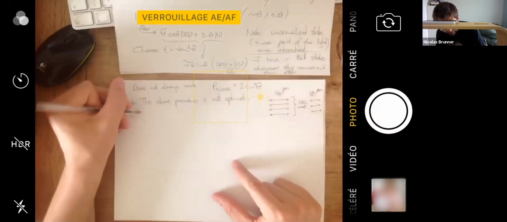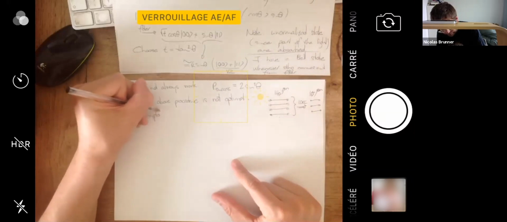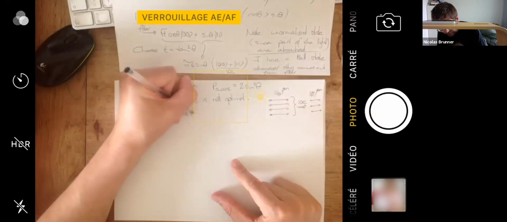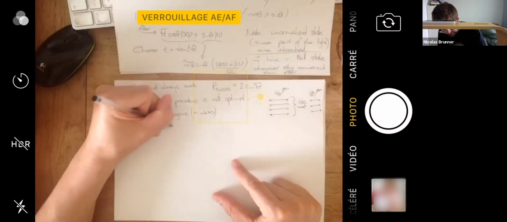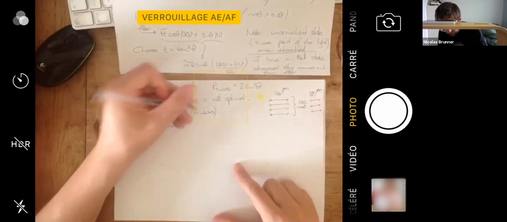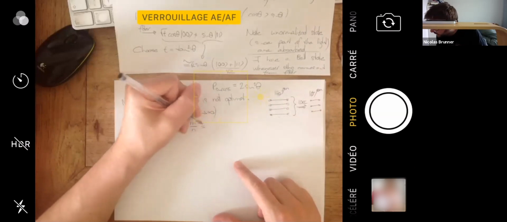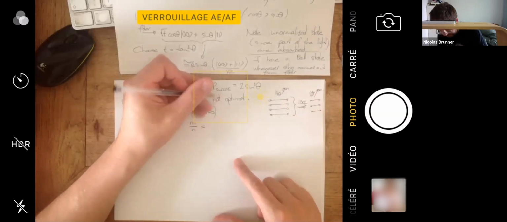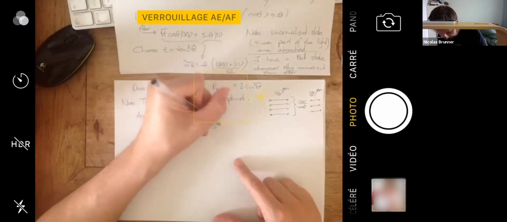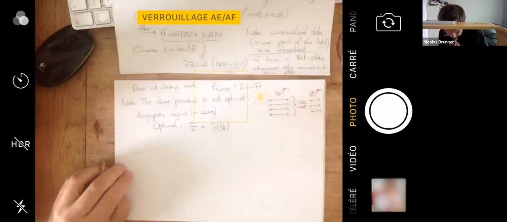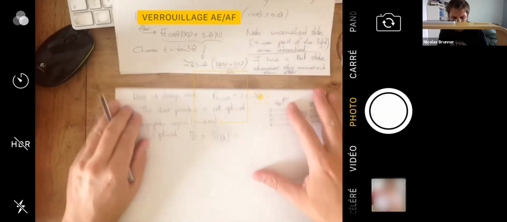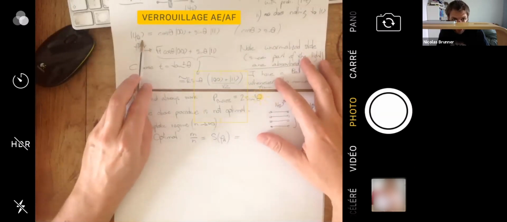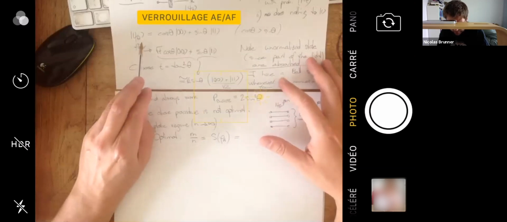In the asymptotic regime, which means that n goes to infinity, one can show that the optimal procedure here will be such that m over n is given by the von Neumann entropy of the state rho A, which is the partial trace over B of psi theta.